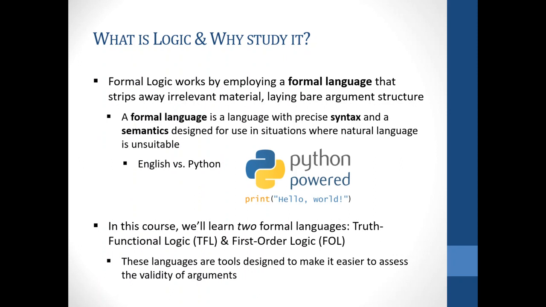What we're going to do here is we're going to learn two, and sort of three, formal languages. The first half, we're going to learn truth functional logic. That's what we're going to spend the first three weeks on. And then we're going to spend the rest of the first half of the course learning FOL, first order logic. You might have also heard these as sentential or propositional logic and predicate logic.